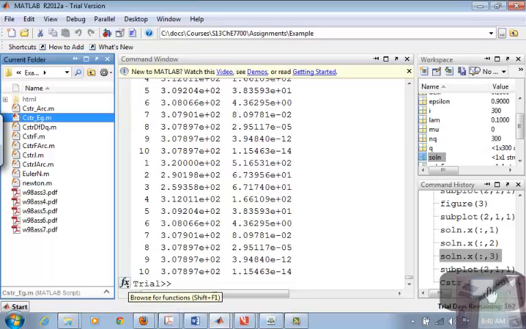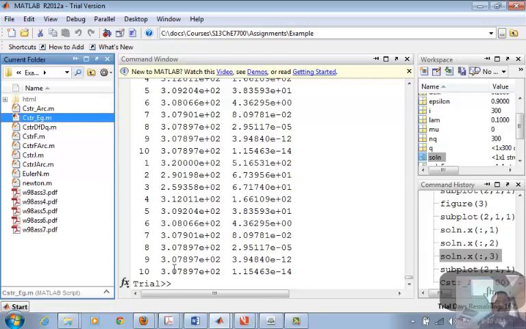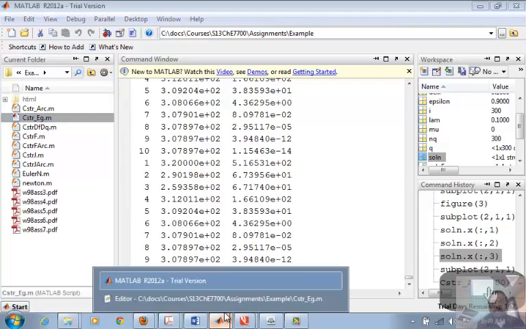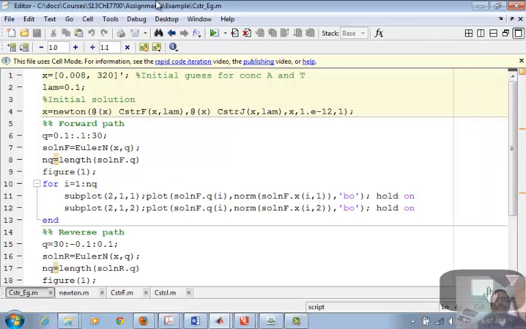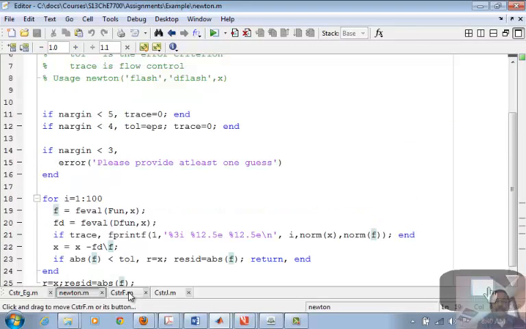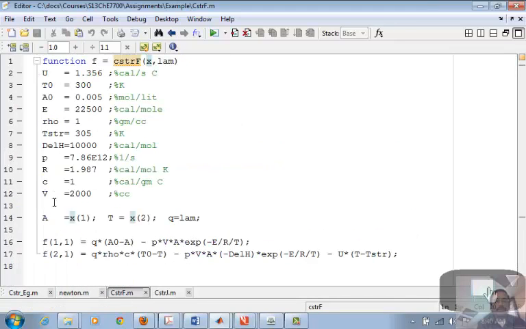So maybe let's just go through the stepping. What I'm going to do is set up a breakpoint in Newton here. Then I'm going to set a breakpoint here, and here.